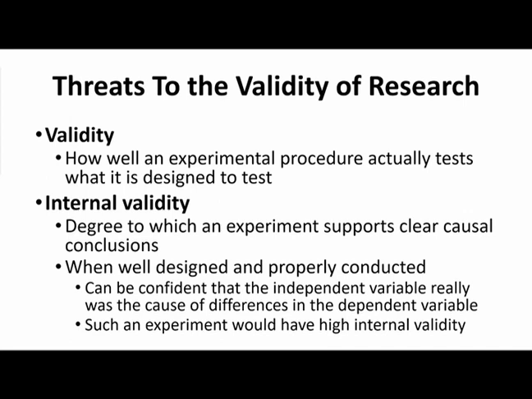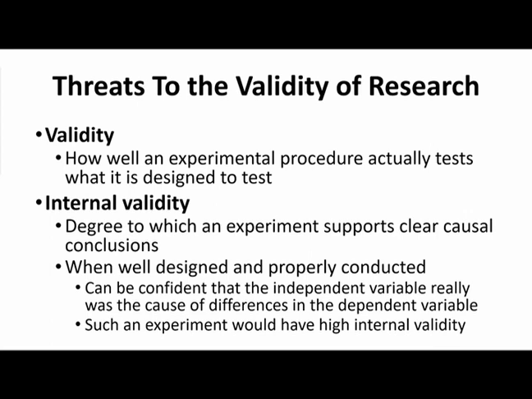And we can also talk about specific kinds of validity. The first of these is internal validity. And this is going to be related to the definition we just had of overall validity, but internal validity is specifically looking at the degree to which an experiment is supporting clear causal conclusions. Basically, were you studying what you intended to study, and did you get significant results out of it?